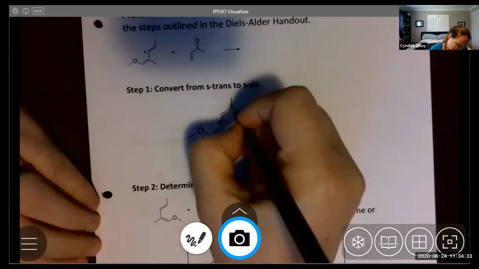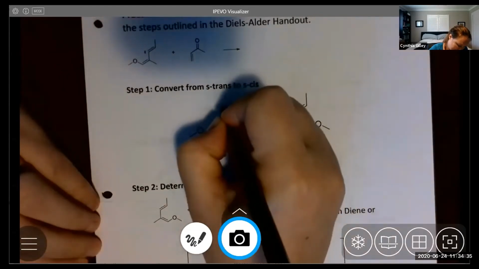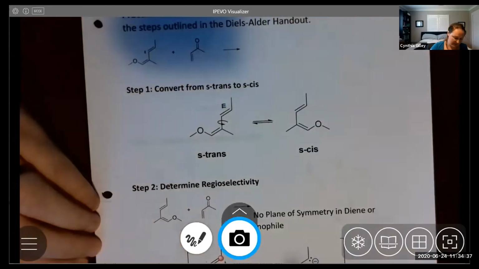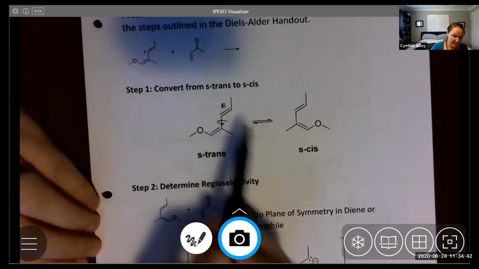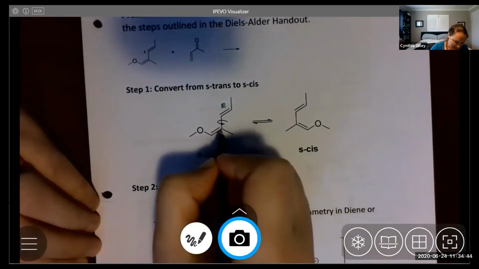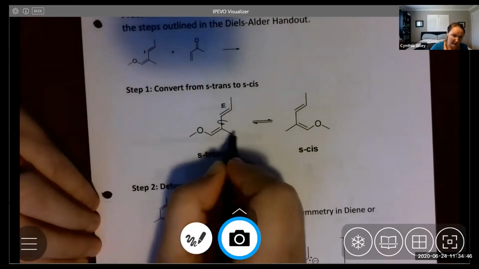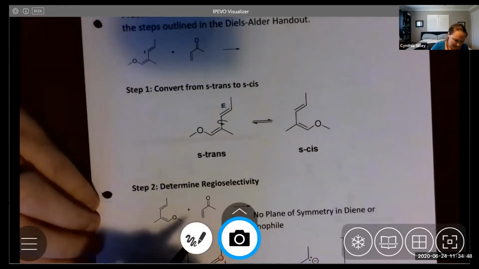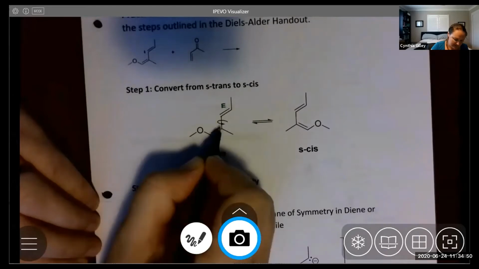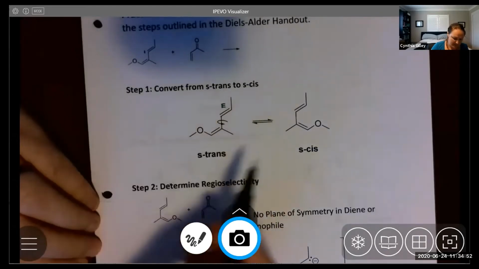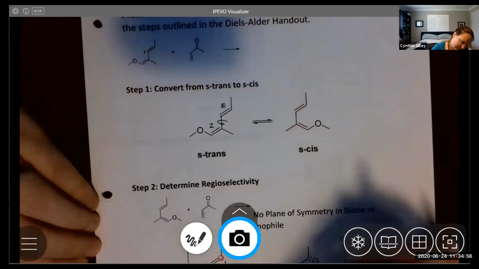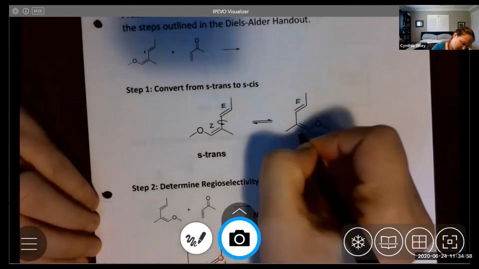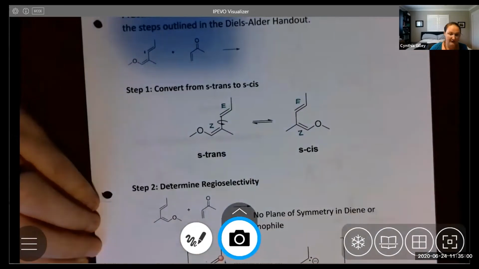So here we have the 2, this is definitely E, the 2 hydrogens opposite. And this one is a higher priority group than the methyl, and the methoxy is higher than the hydrogen. So these are our priority groups. I just want to come over here and make sure through that rotation we didn't actually change it.